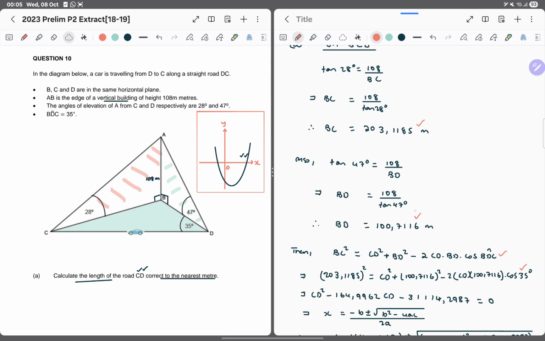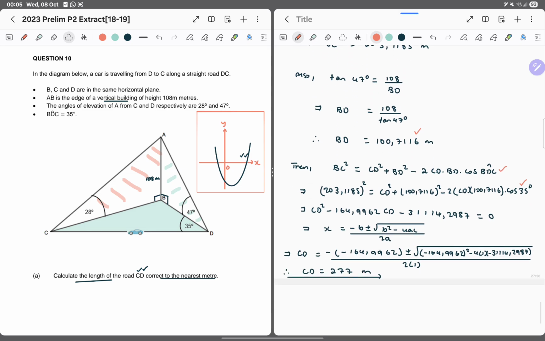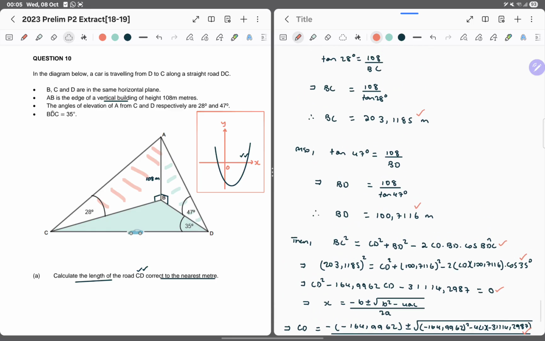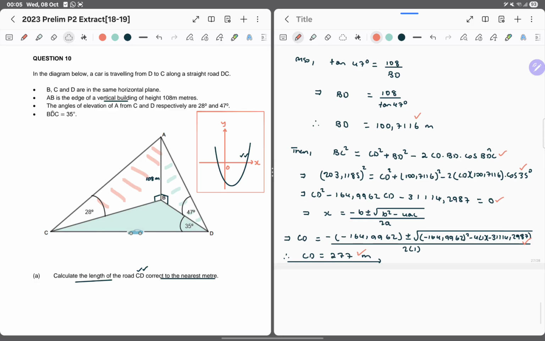So we've got 1, 2, 3, 4. And essentially, I think the quadratic is key. Then the substitutions into the quadratic formula and selecting the right answer is key. So let's see. 1, 2, 3, 4, 5, 6, 7. And of course, the 8th mark, folks, can be anywhere.